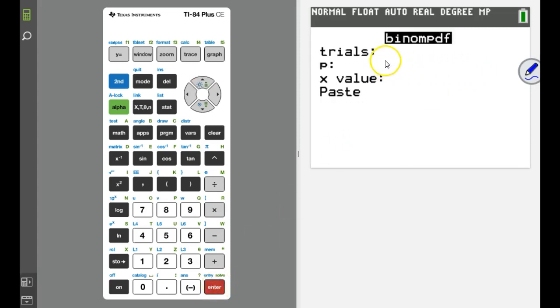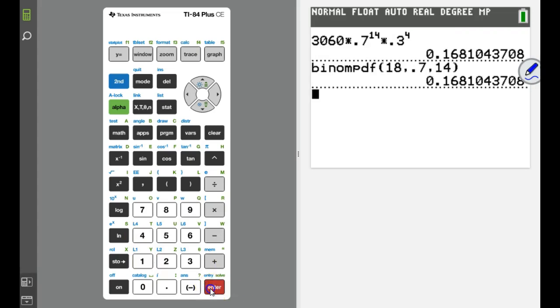And it says here the number of trials. What was our number of trials? 18. The P is the probability of success, which was 0.7. X is how many we want to get right. We want to be successful, so that was 14. Yes?